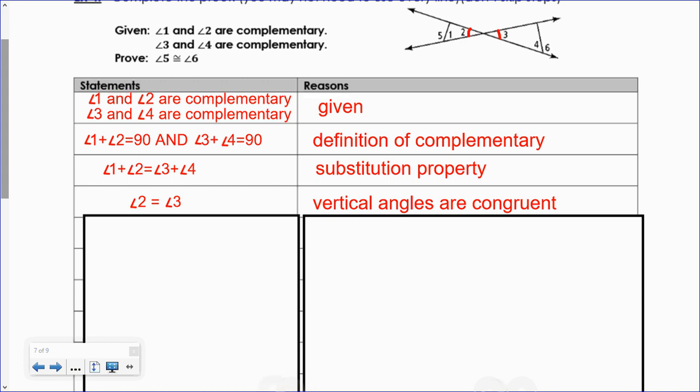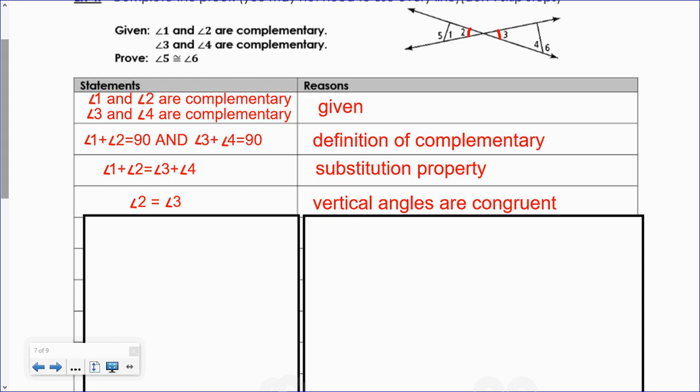With this new information, how can I go back to where I stopped previously and adjust this a little bit more? Now that I know that 2 is equal to 3, what can I do up here? That's eventually going to happen, but don't go too fast.